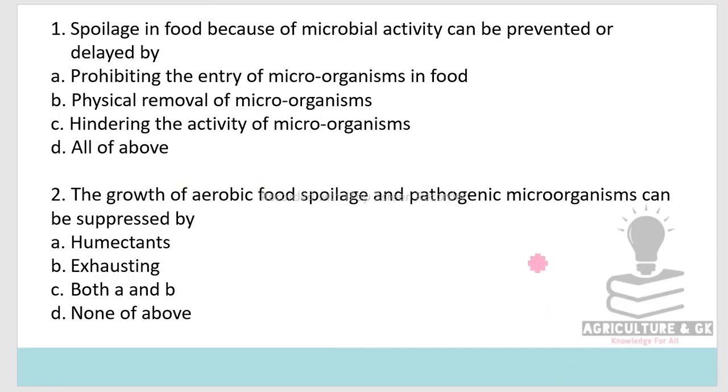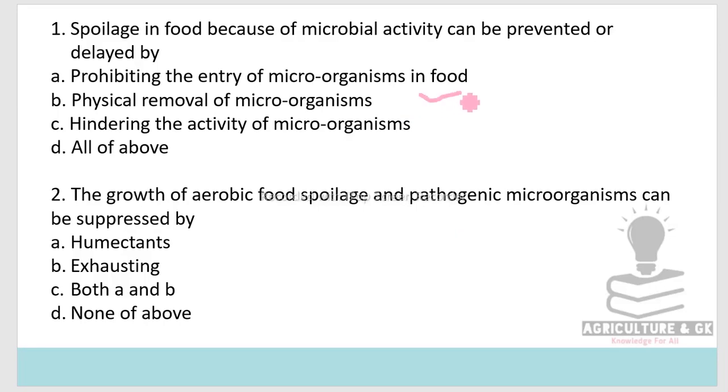Spoilage in food because of microbial activity can be prevented or delayed by: prohibiting the entry of microorganisms in food, physical removal of microorganisms, hindering the activity of microorganisms, all of the above. So, food spoilage due to microbial activity can be prevented and delayed if we prohibit the entry of microorganisms in food.